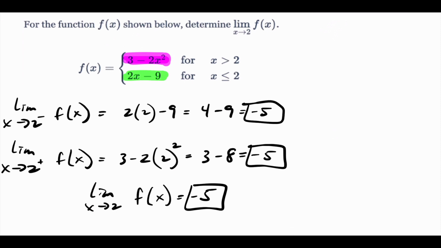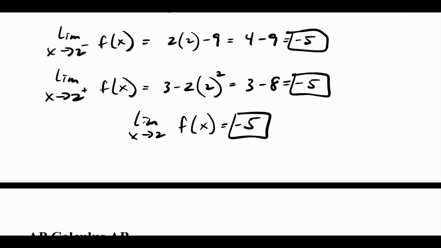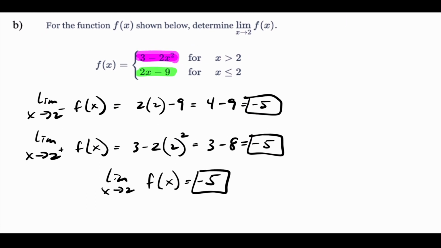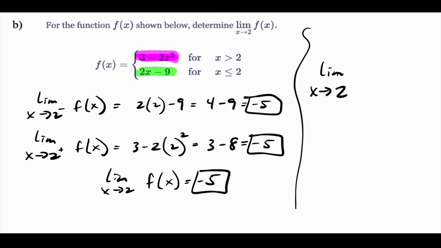Okay. All right. Let's check. Or let me do this. One more. What if I had this? What if I had that? What if that was the question here? Would I have to check both?